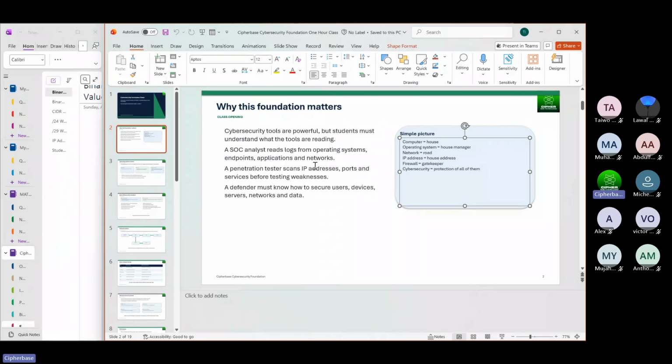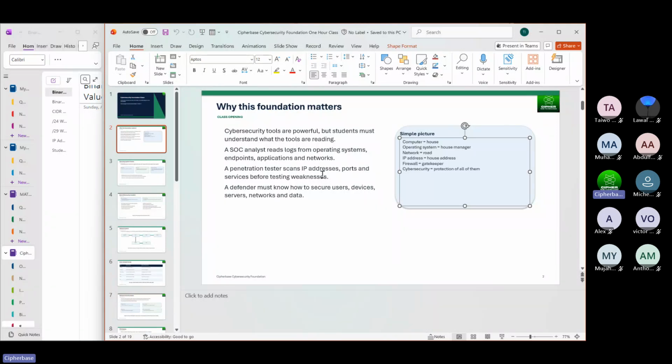When we are talking about a security operations center, tools like Wazuh and Security Onion are the dashboards that we use to monitor our systems. That's why I said tools can produce alerts, but we analysts must understand what the alerts mean. It's not that you just see alerts and don't know. We need to know how to read and understand alerts.